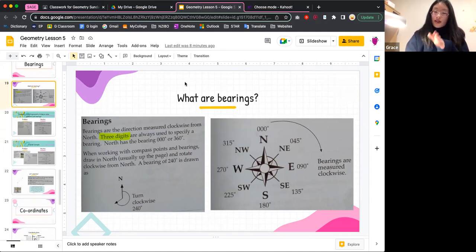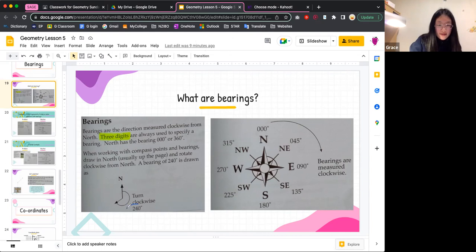So bearings are this specific compass direction where you start at north and then you go clockwise and count how many degrees the direction that you're talking about is from north.